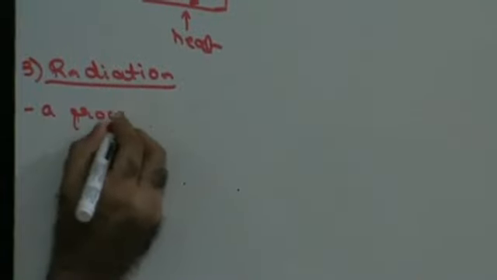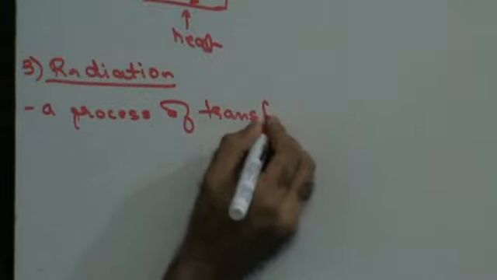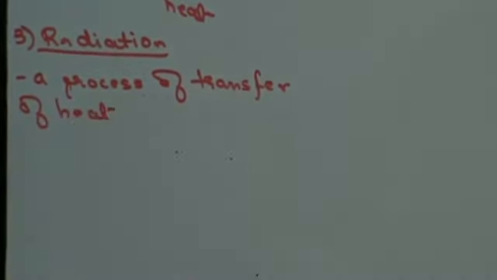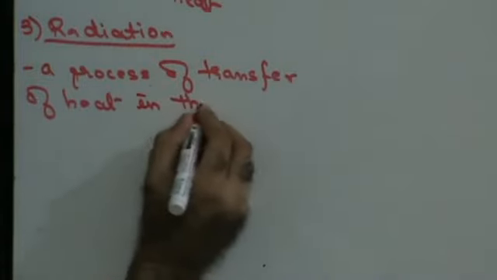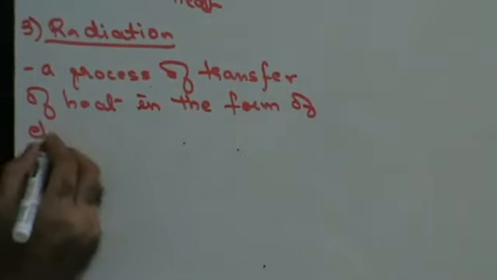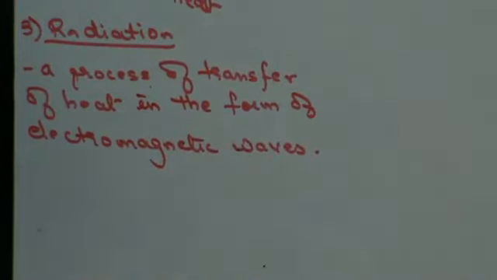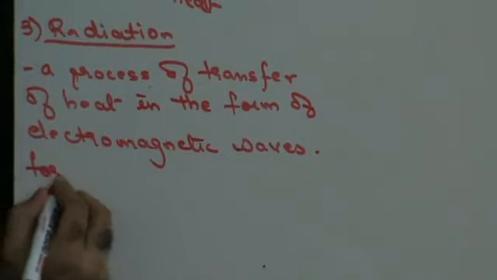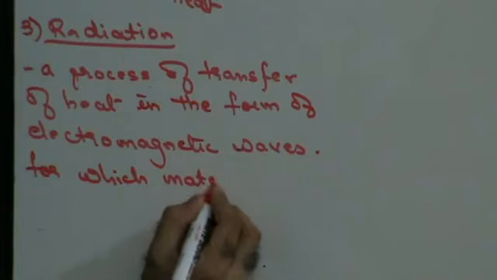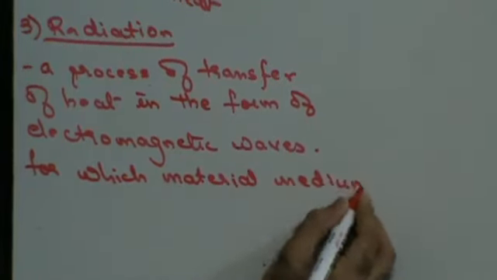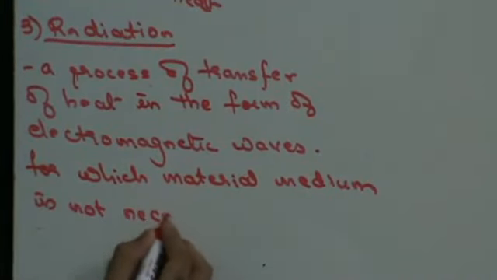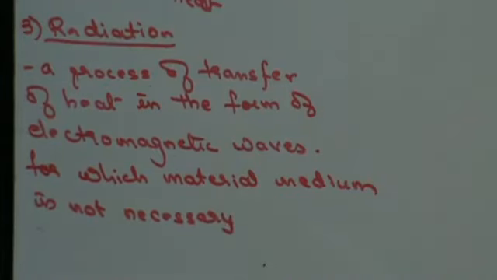Radiation is defined as a process of transfer of heat energy in the form of electromagnetic waves, for which a material medium is not necessary. That is what radiation is.